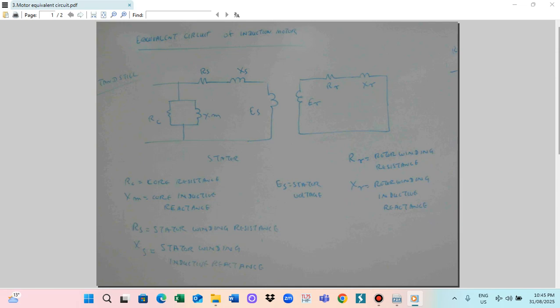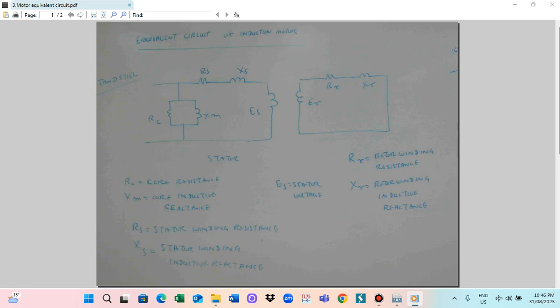Okay, so this means rotor resistance, rotor winding resistance. And it is XR, also the rotor winding inductive reactance. And also that we can calculate for the RS, so stator winding resistance.